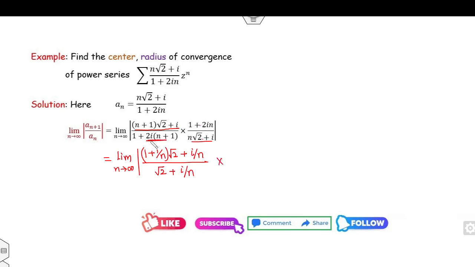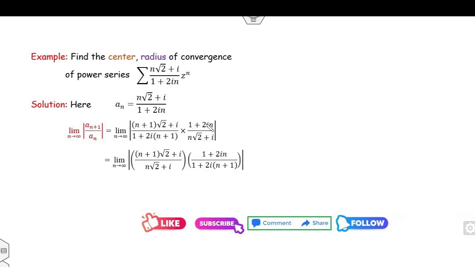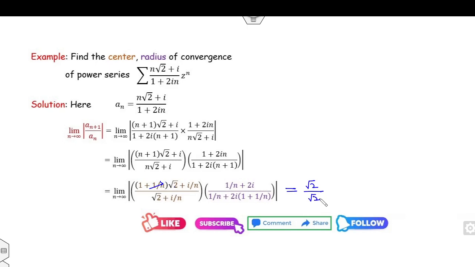For the other case, I can divide it by n. It is 1 over n, and it is 1 over n plus 2i times 1 over n. Fine. Now you can take the limit as n approaches infinity. So what will happen? It is 0. So the numerator will be root 2 only. The denominator is root 2. It is my 0.